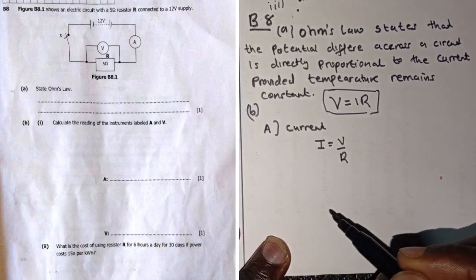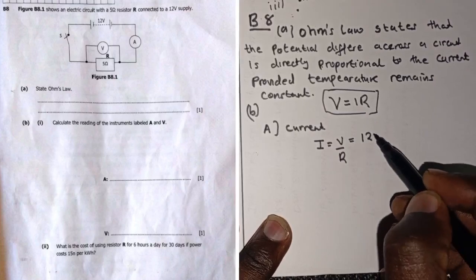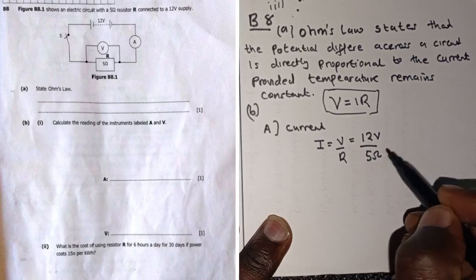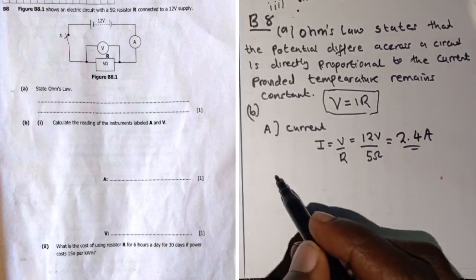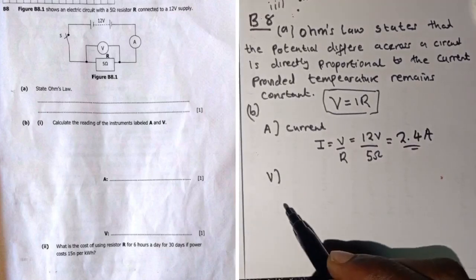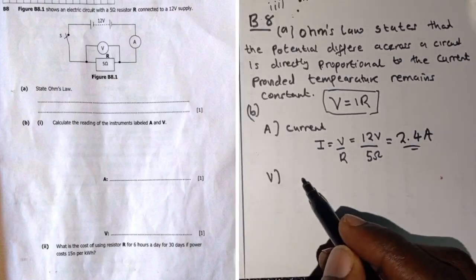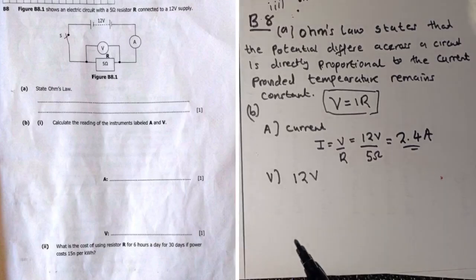There's only one component here, so it receives the same voltage: 12 volts over 5 ohms. So it's 2.4. Then V is basically the voltage. Since there's only one resistor, it receives the whole amount of the voltage, so it is 12 volts.